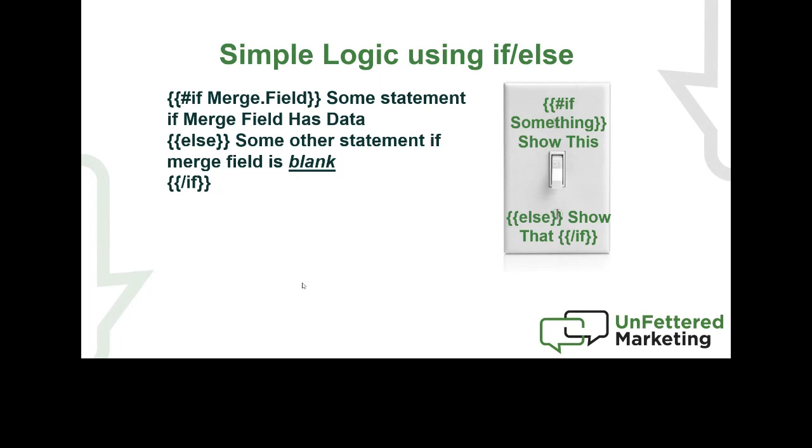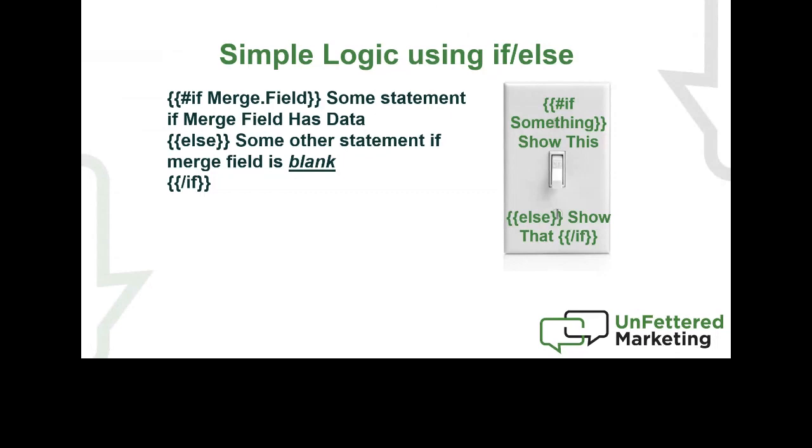The main thing to bear in mind here is you don't have to put anything in the else area. You can leave it empty. So you can use this as a way to show something only if there's a value in the field that you're using as the logic.